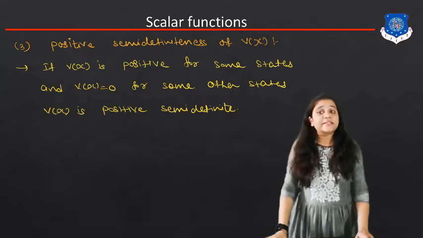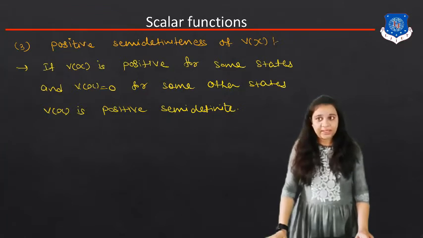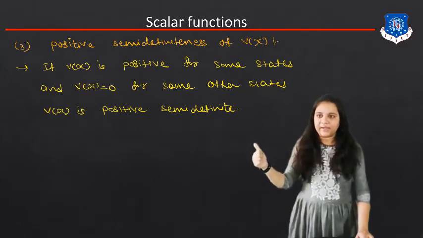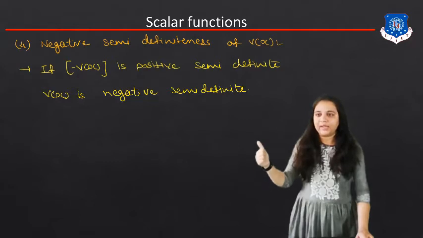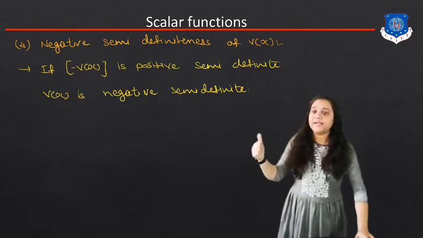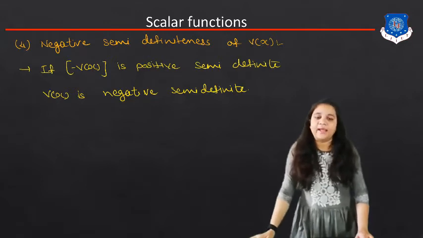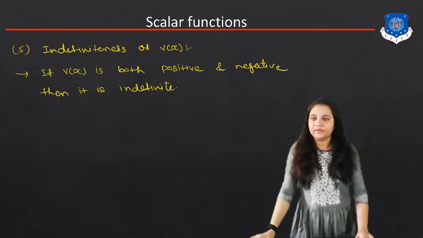Now, positive semi-definite: if V(x) is positive for some states and V(x) is equal to 0 for some other states, that time it is known as positive semi-definite. Same thing, negative semi-definite: if minus V(x) is positive semi-definite, that time V(x) becomes negative semi-definite.